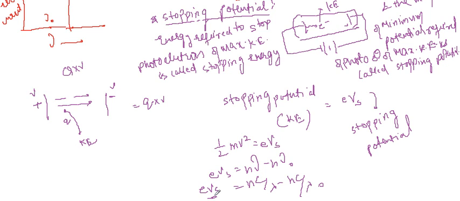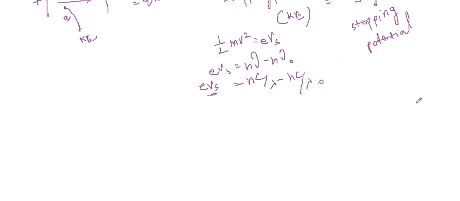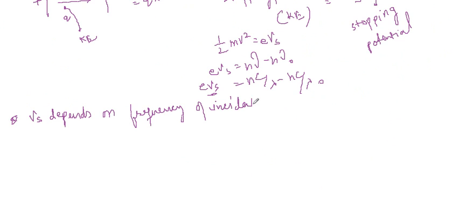We know the value of the stopping potential depends on the frequency of the incident photon and the work function of the metal.